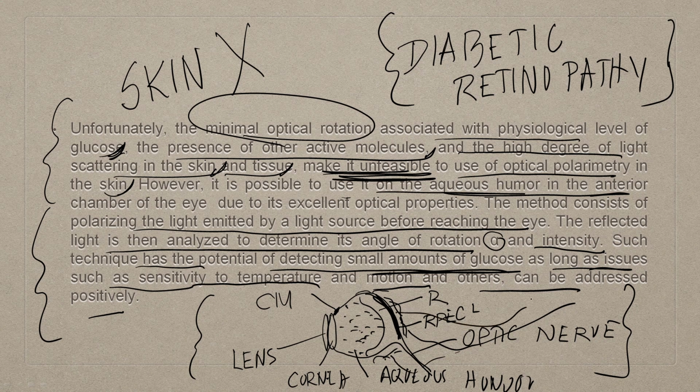These blood vessels have higher pressure. These higher pressures, because of the diabetes, damage these tissues, and because of the damage, you see the glucose infiltrate into the aqueous humor.